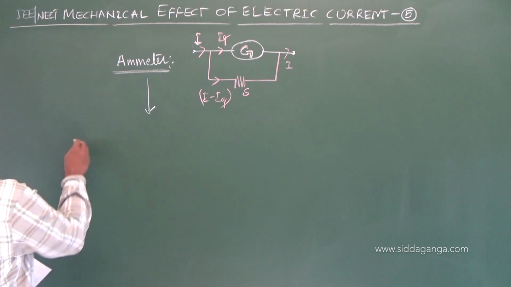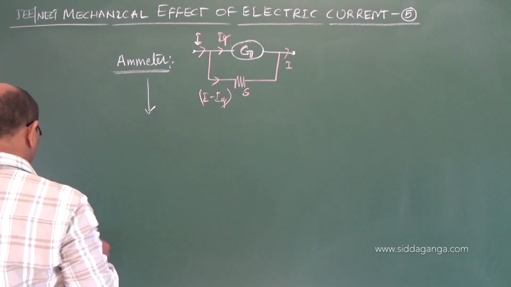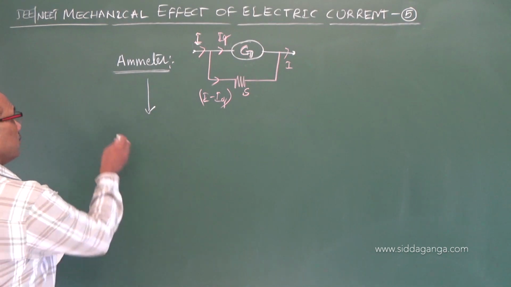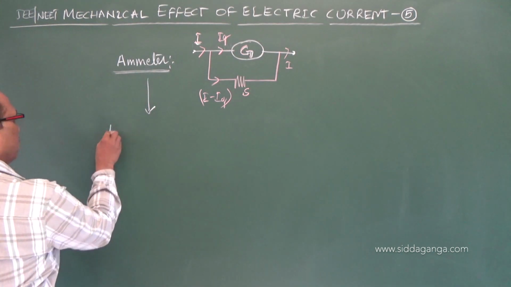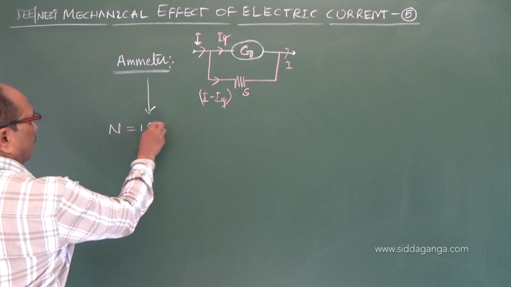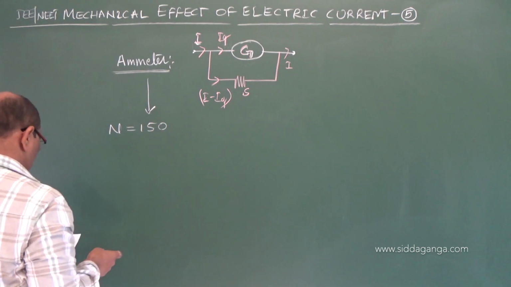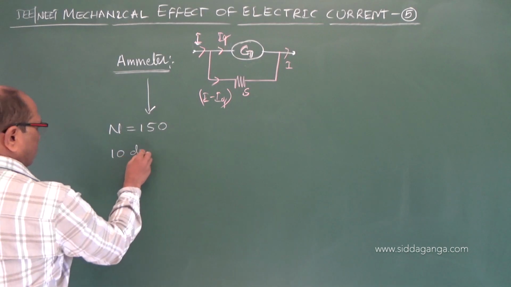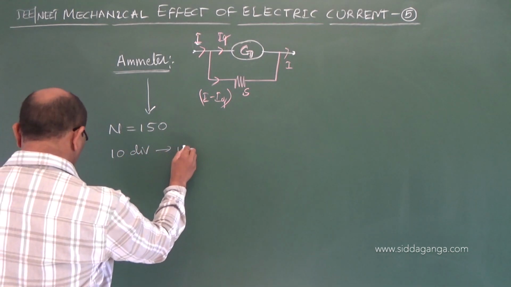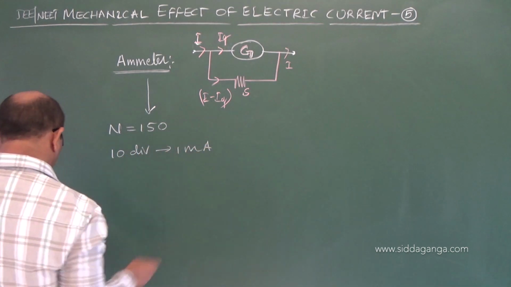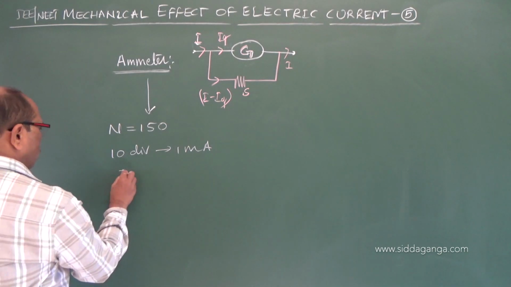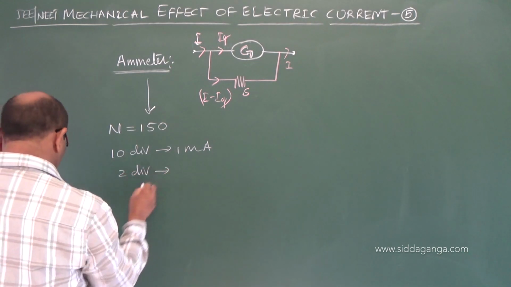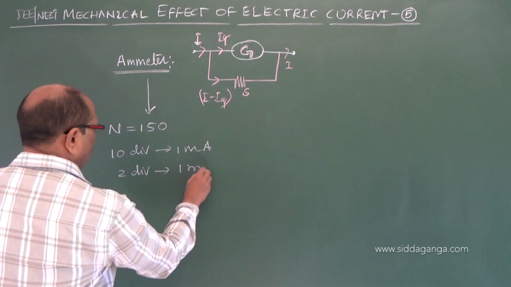Coming to this, another example. So converting into ammeter, the number of divisions on the galvanometer scale is 50. So 10 divisions carry 1 milliamp and 2 divisions carry 1 millivolt.